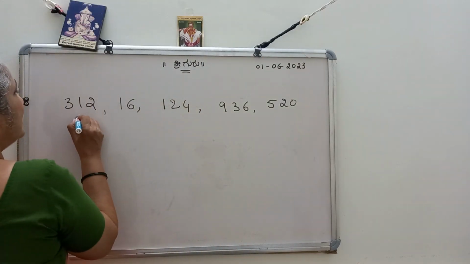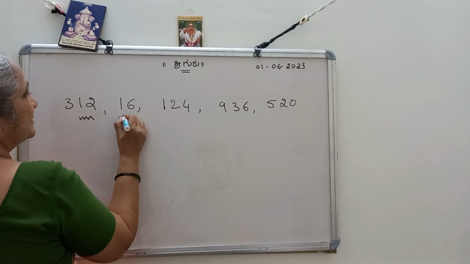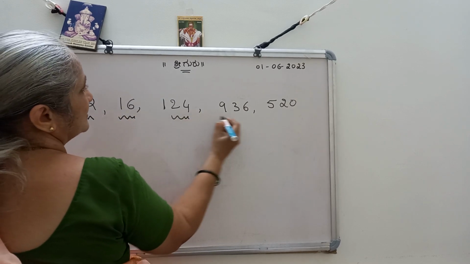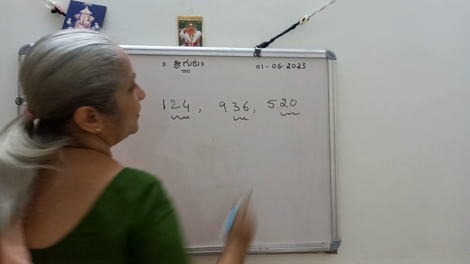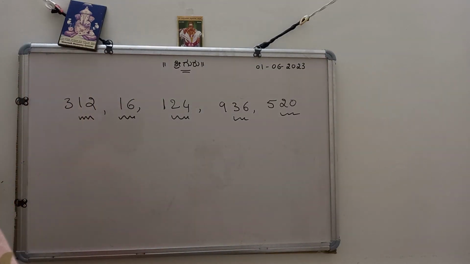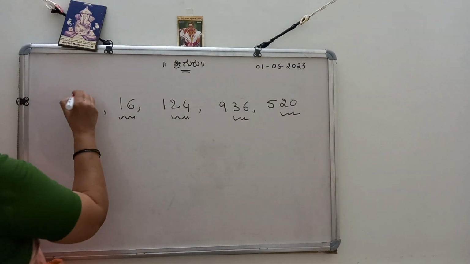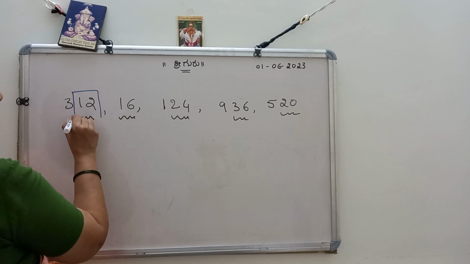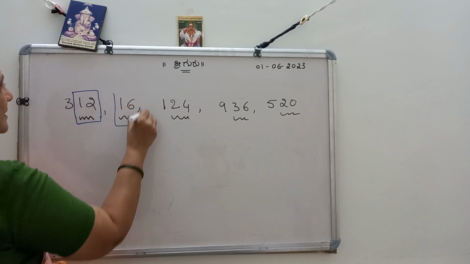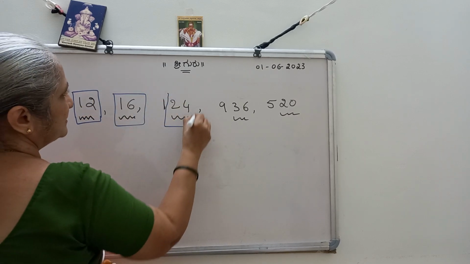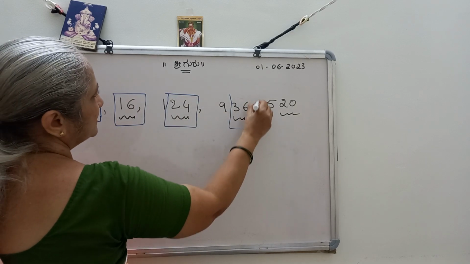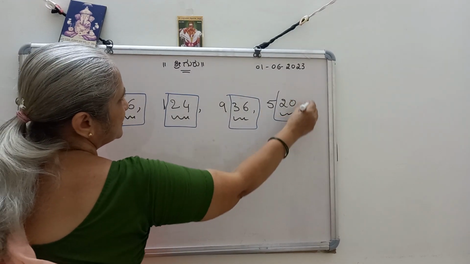Consider the last 2 digits of these numbers. What are they? They are 12, 16, 24, 36, 20.